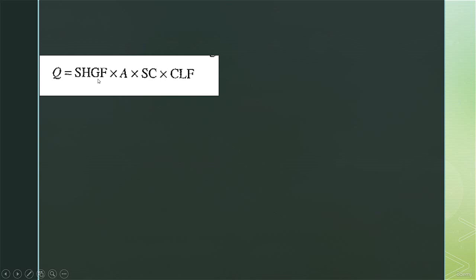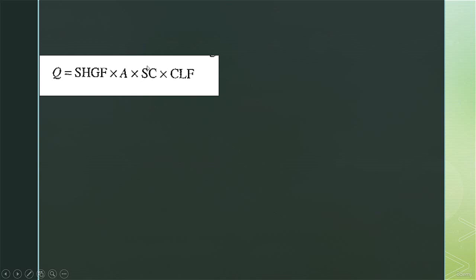SHGF is the total heat that is transferred into the room through radiation. A is the area, and SC is the shading coefficient of both internal and external shades.